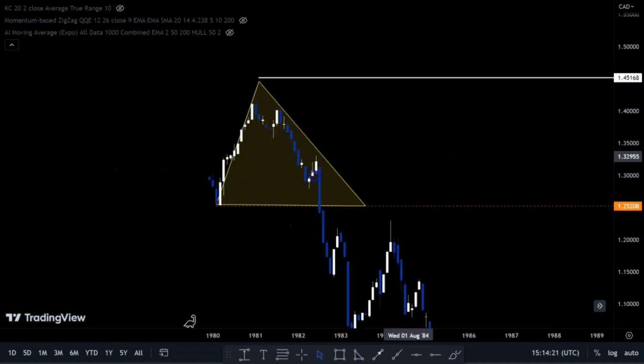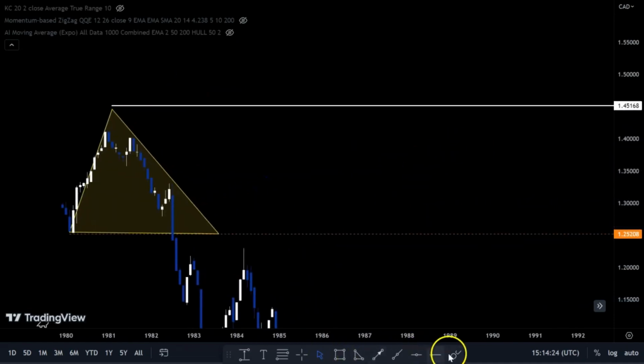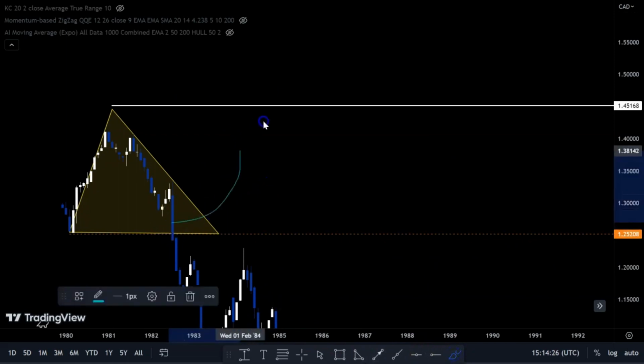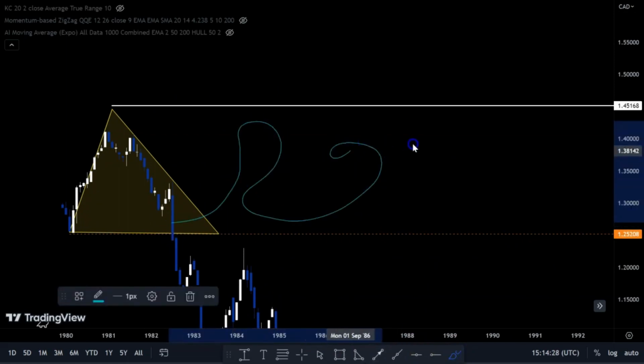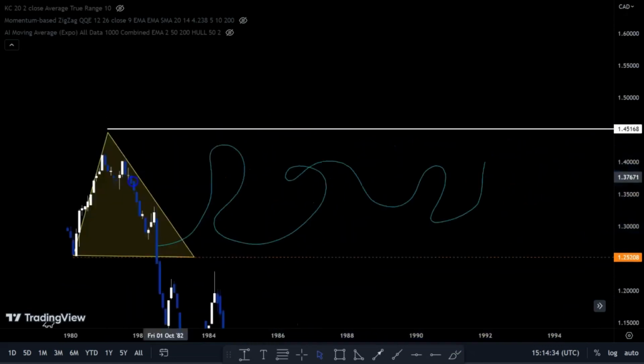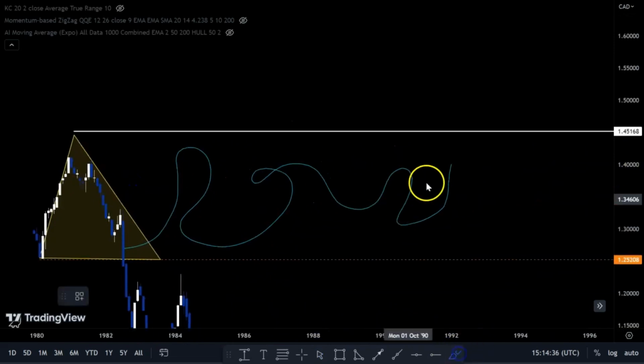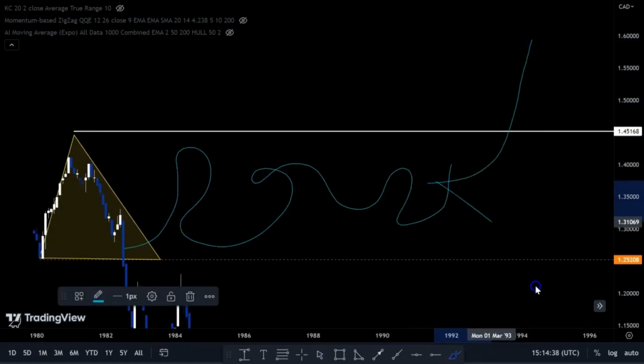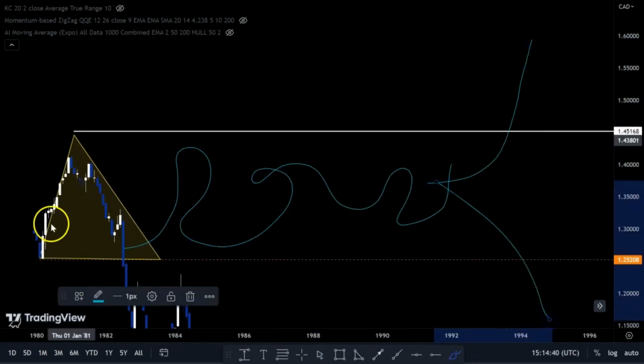Because if we were in this market structure, the price of the market will be lingering along this market structure. I hope you understand it. But once the market is able to break above or break below this market structure, that is this peak, then we are done.